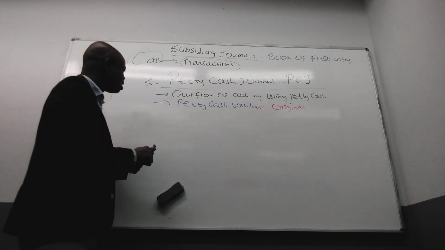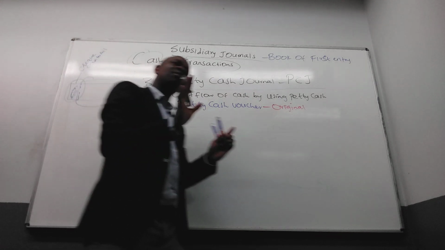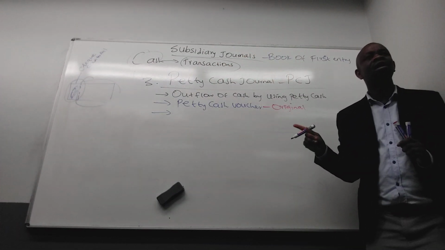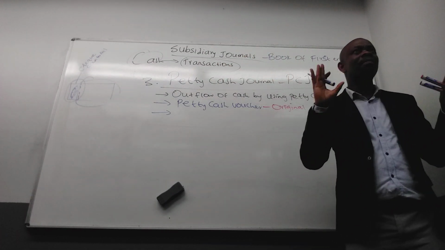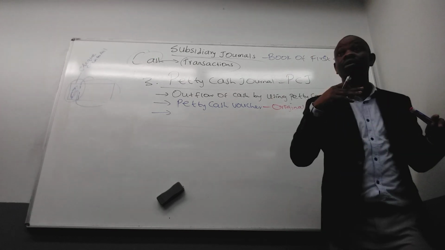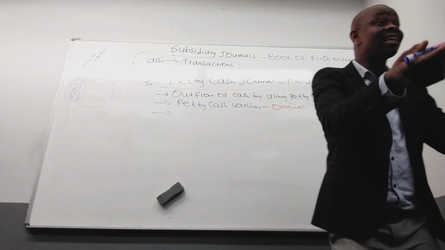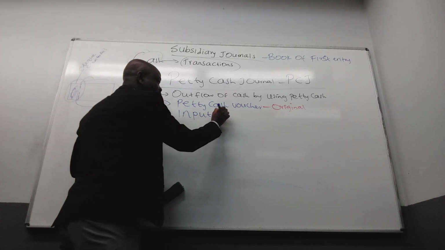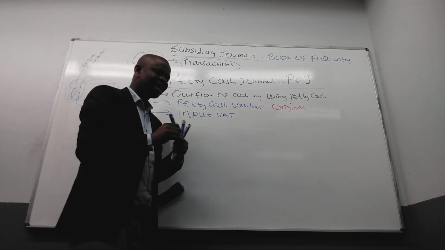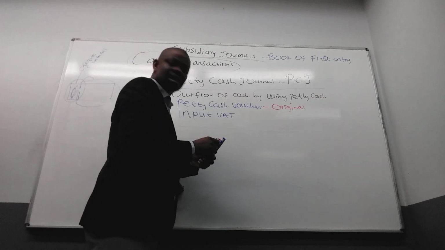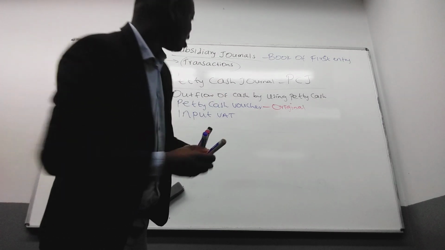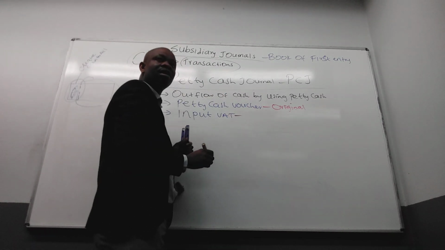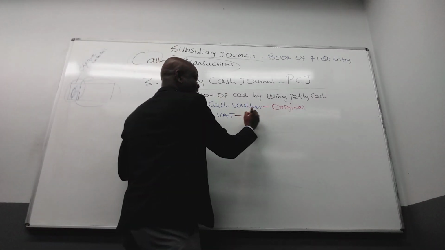Let's talk about VAT. Please think about it. Which VAT do you think must come here? Think about whether we are buying or selling. Because we are buying, the VAT is going to be input VAT. Thank you very much. I know it's boring, guys. Just tell me, how can you classify it for me? Asset. Asset? Which one?